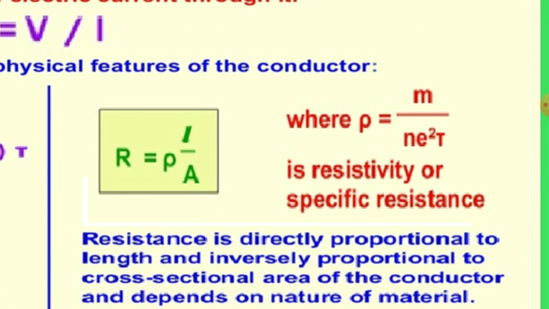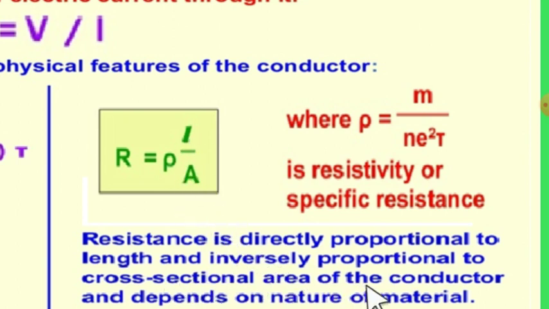So the resistance offered by a conductor having unit cross-sectional area and unit length is known as resistivity. In a very short way, resistivity can be defined as the resistance offered by a unit cube of that material. Resistance is directly proportional to length, as I said.